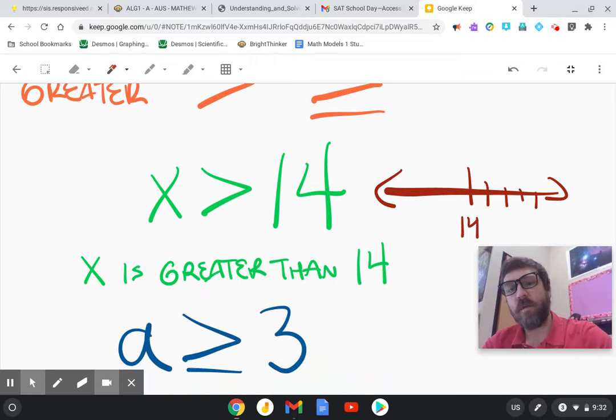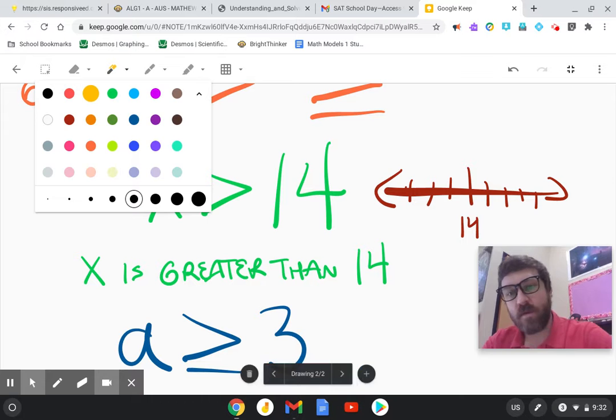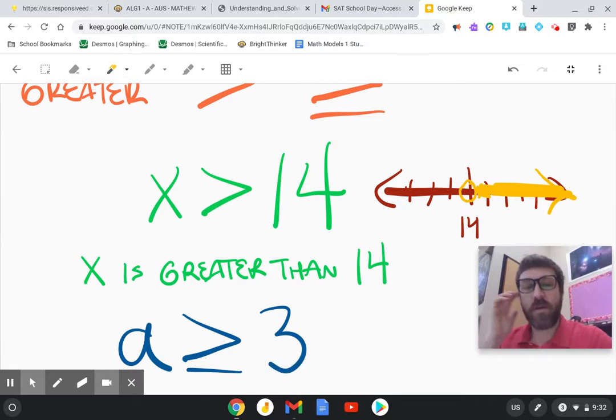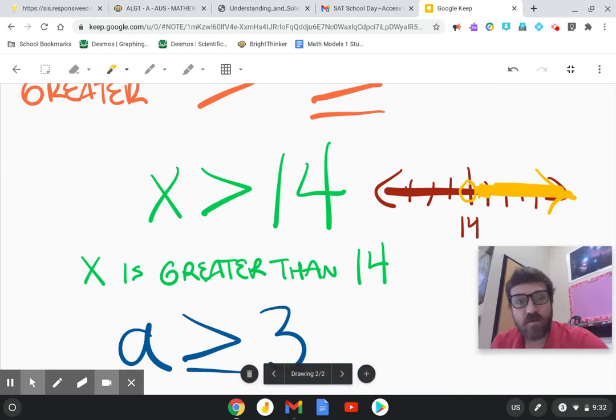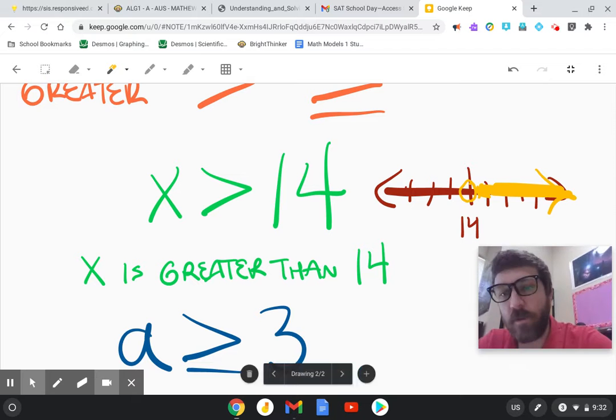Say there's other numbers this way and other numbers this way. X is greater than 14 would mean an open circle at 14 with shading going above the line. So this would be the graph of that inequality. Now notice when there is just greater than, you have what we call an open circle at that number.